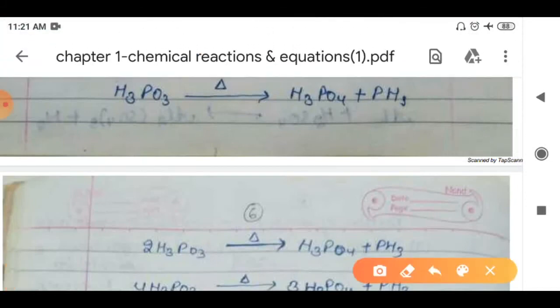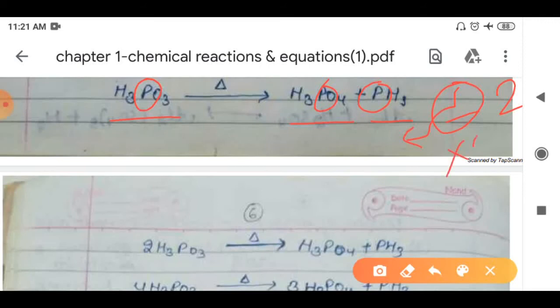So here H3PO3 is given and H3PO4 and PH3 is given. Okay, so just try to see here. In the left hand side only one phosphorus atom is present, and in the right hand side two phosphorus atoms are present, one present in the H3PO4 form and one present in the PH3 form, right? So I have to convert the left hand side phosphorus atom to 2.